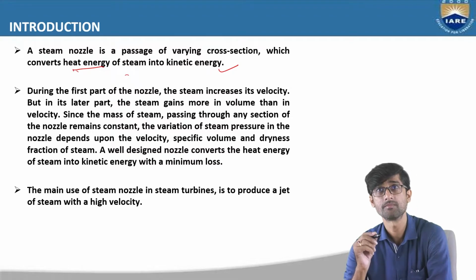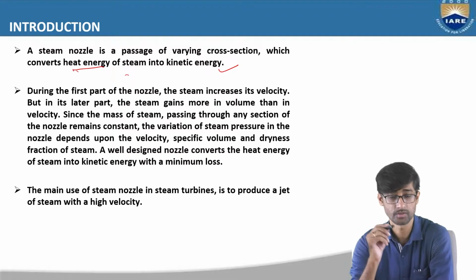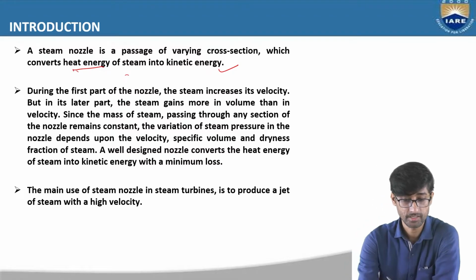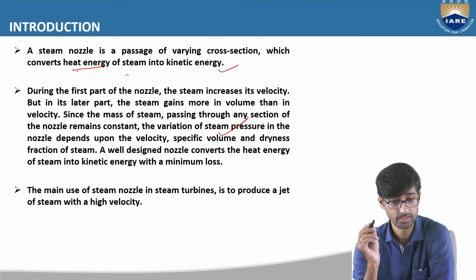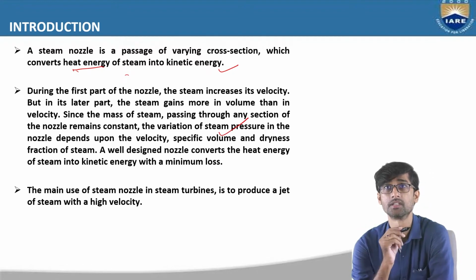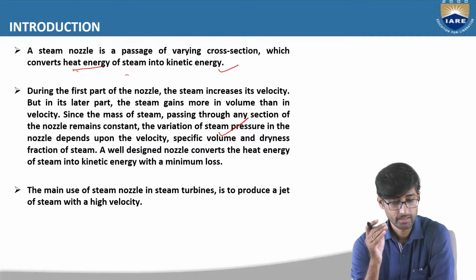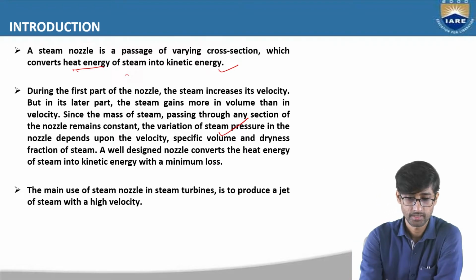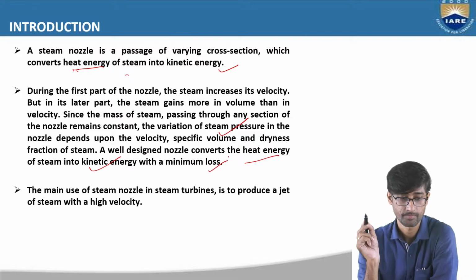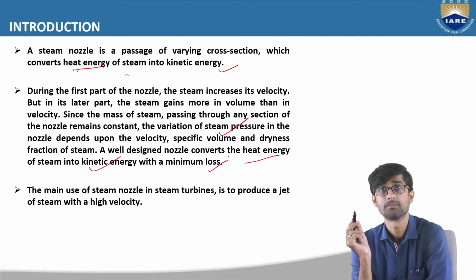Since the mass of steam passing through any section of the nozzle remains constant, the variation of steam pressure in the nozzle depends upon the velocity, specific volume and also the dryness fraction of the steam. A well-designed nozzle converts this heat energy of steam into kinetic energy with minimum loss. So, this is the working principle of a steam nozzle.